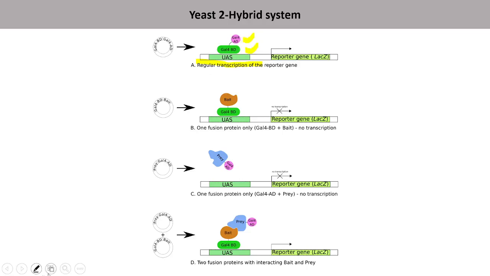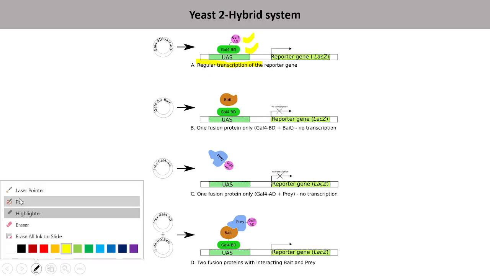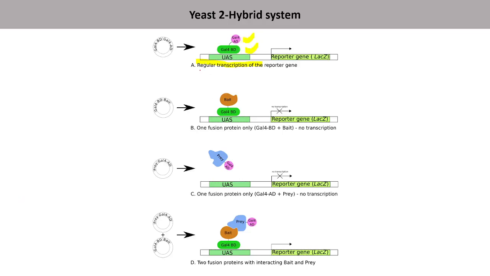Once the activating domain gets in touch with the binding domain, it will come closer, and then this will help in transcription of the reporter gene. Unless these two come together, the transcription will not happen. But in this case, since they are in close proximity and the activating domain is bound to the binding domain, the transcription will happen.